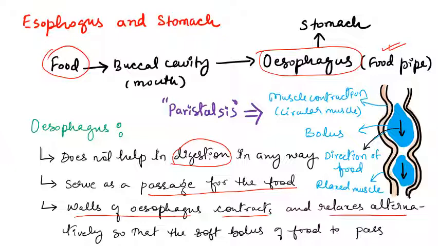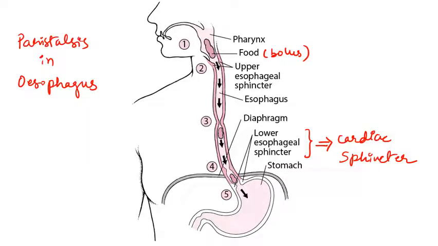That alternating muscle movement, that is contraction and relaxation of the esophagus, is known as peristalsis movement. From the exam point of view, for 2 marks, it is very important. This is the overall view of peristalsis movement through the esophagus.